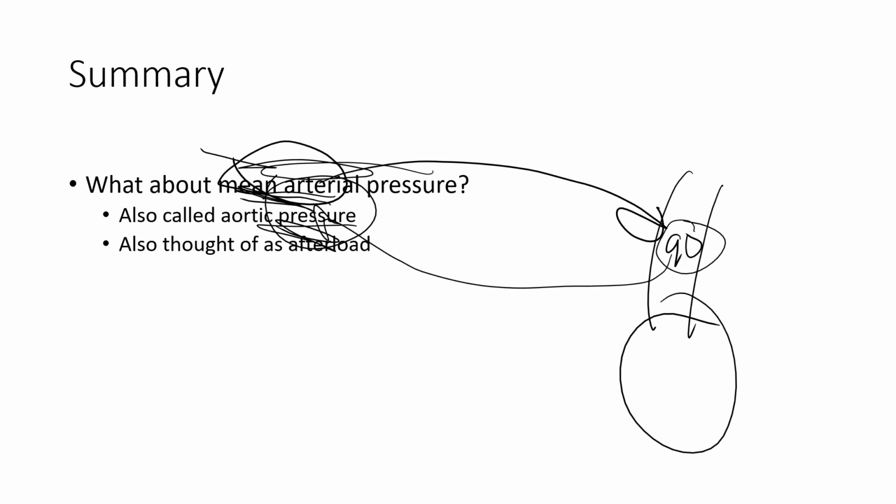In order to get the blood from the left ventricle out into the aorta, the left ventricle, of course, needs to generate more than 90 millimeters of mercury of pressure, and it's going to have to generate much more than that in reality. If the left ventricle doesn't generate more than 90 millimeters of mercury of blood pressure, then how is the blood going to move from the left ventricle out into the aorta?